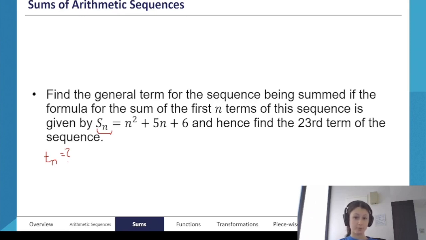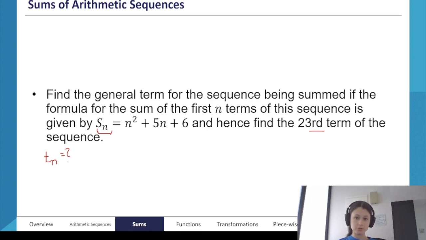And then you can work backwards from there. So now we're thinking we want the general term, which is going to have Tn in it. We want some kind of equation with Tn in it from our sum equation, and then from there we can find the 23rd term. It's pretty simple. It's what we've been doing so far. The tricky part is finding the Tn part.